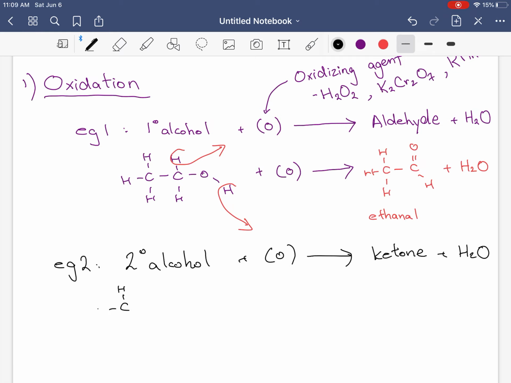The simplest secondary alcohol, of course, is isopropanol. This is your simplest secondary alcohol. You can call it 2-propanol, isopropanol. No big deal. Let's call it 2-propanol today.